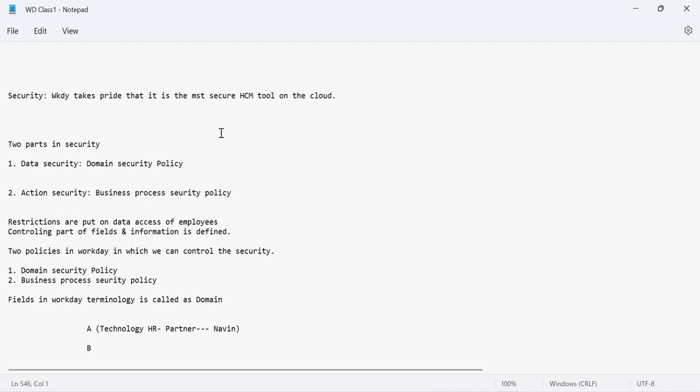So when I say restrictions are put on the data actions, I'll give you an example. Wherever you are working, you will be able to see your compensation details, right? This is my package, this is my variable pay. You are able to only see that.